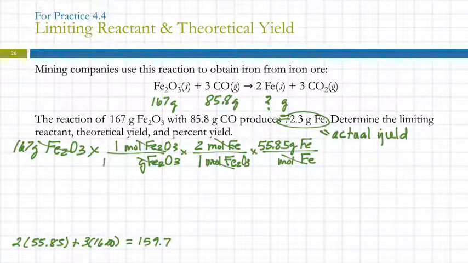So 1 mole weighs 159.7 grams. So 167 divided by 159.7 times 2 times 55.85 equals. I started with 3 significant figures. Everything else is at least 3, so this will have 3. 116.80 grams of iron.